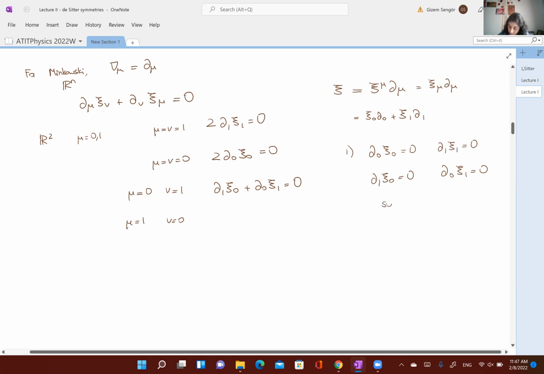This just means something constant. Maybe 0 and 1 is not very good because we were using 0 for the time direction, and here we only have spatial directions. So let's just make these 2 and 1.